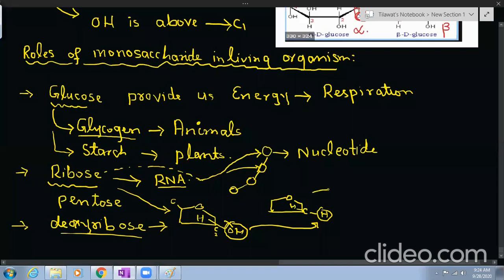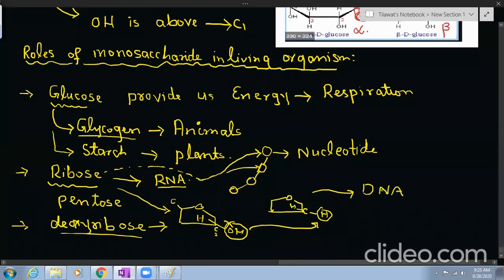And this deoxyribose is present in DNA, which consists of a small unit called a nucleotide. So this deoxyribose sugar is part of the nucleotide of DNA, right? So deoxyribose is present in our DNA.